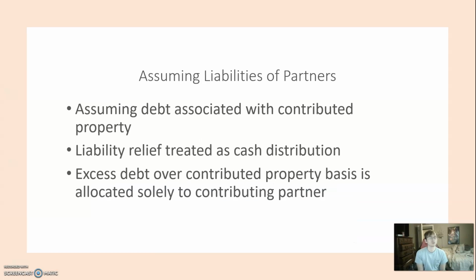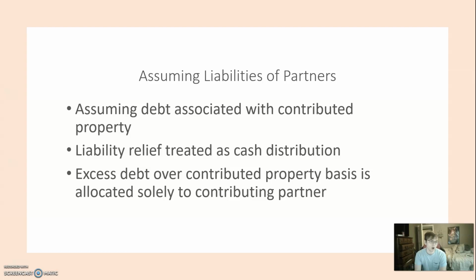So, assuming liabilities of partners. If a new partner brings in a warehouse or a property with them that has a mortgage or debt with it, you're going to have to assume it to the partners. So assuming debt associated with contributed property. The liability relief for the person that's bringing the property to the partnership is going to be treated as debt relief, which is going to be treated as a cash distribution.